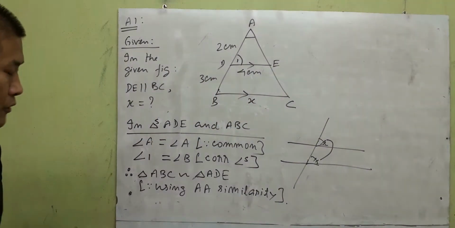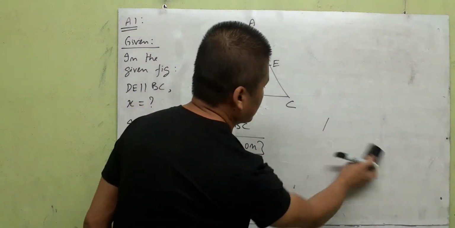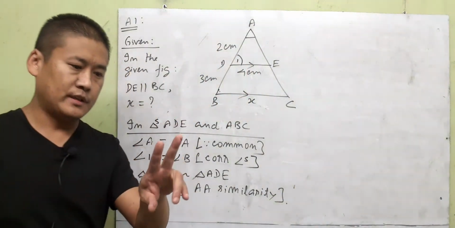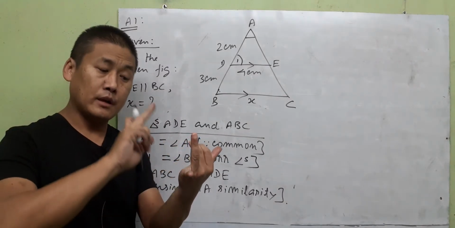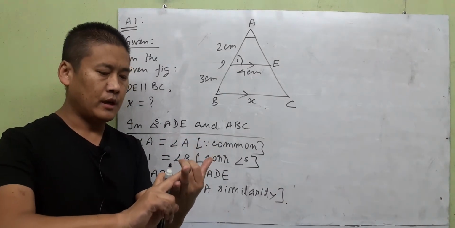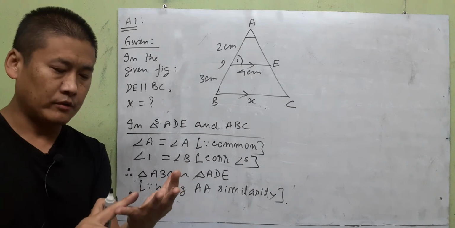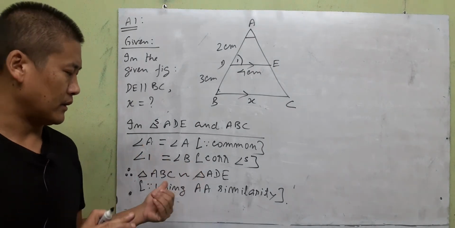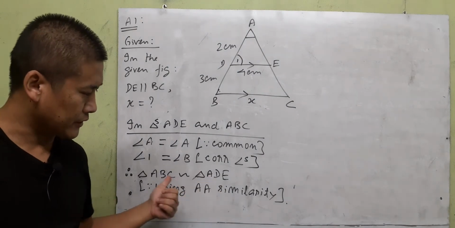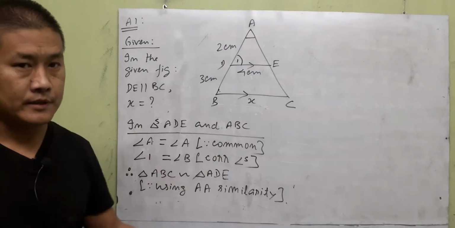That's enough. Now if two triangles are similar, these are the two basic properties of similar triangles: the corresponding angles will be equal, and corresponding sides will be proportional. I repeat, corresponding angles will be equal and corresponding sides will be proportional if the triangles are similar. Since the two triangles are already similar, we want to take the sides.